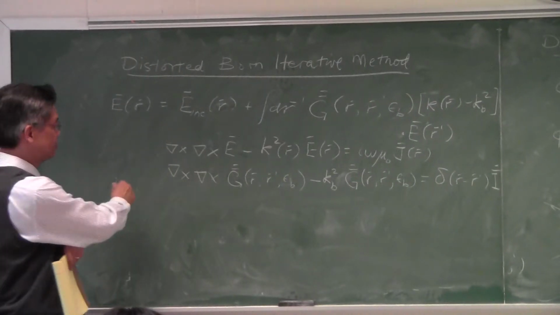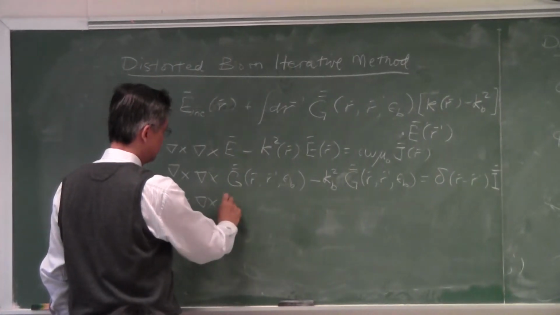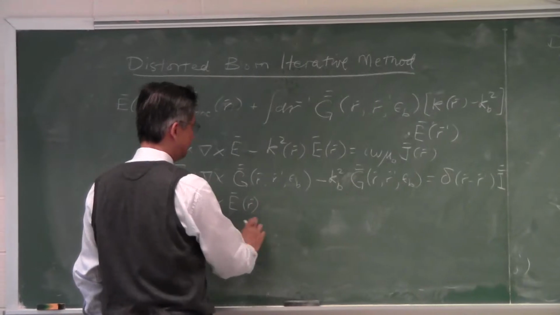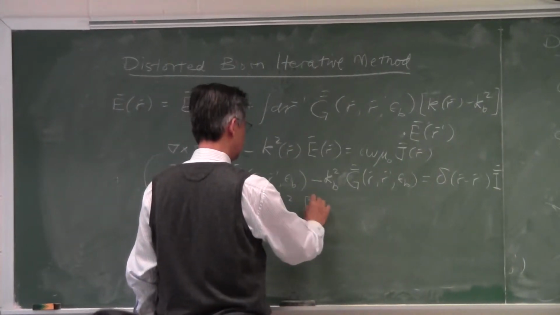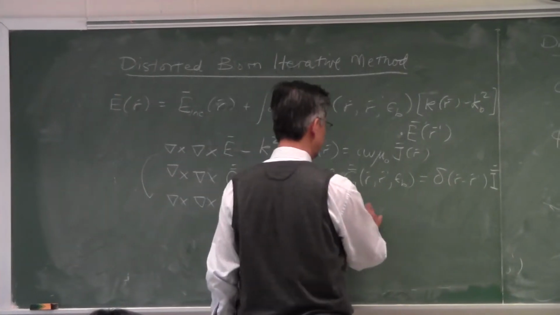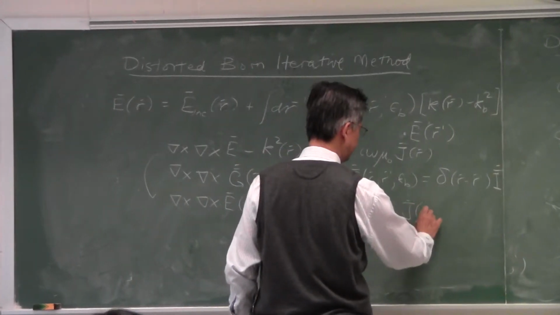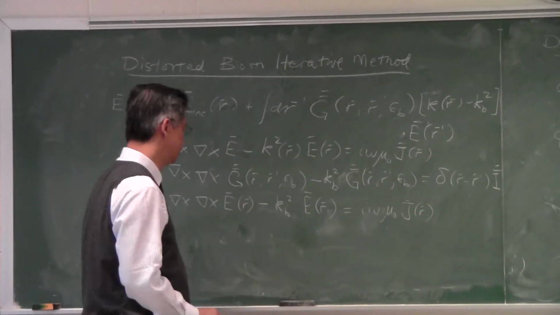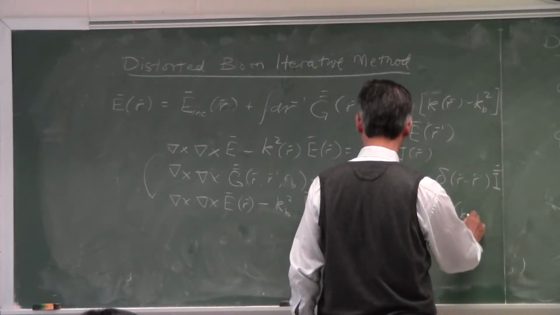Okay, so in order to solve the first equation, you rewrite it. And then on the right hand side, you will have i omega mu naught J of R. And then you put whatever you have that was on the right hand side.